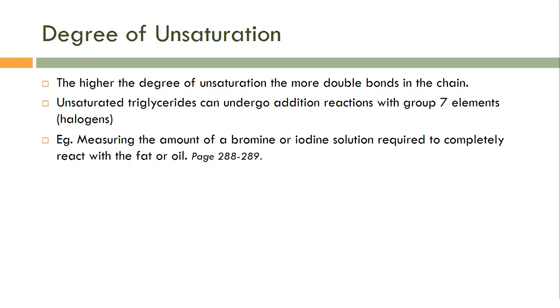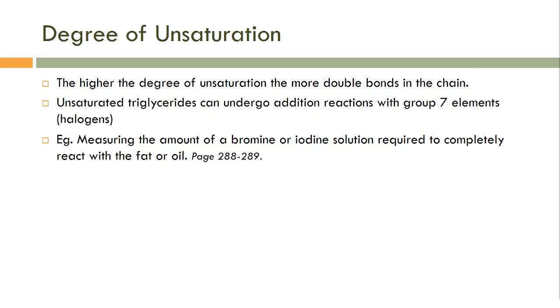When it gets incorporated into the triglycerides by saturating the double bonds, the color becomes clear. So you will see the color change, and as soon as the oil molecules are all saturated, you will start seeing the color again. So that's why you can do titration.